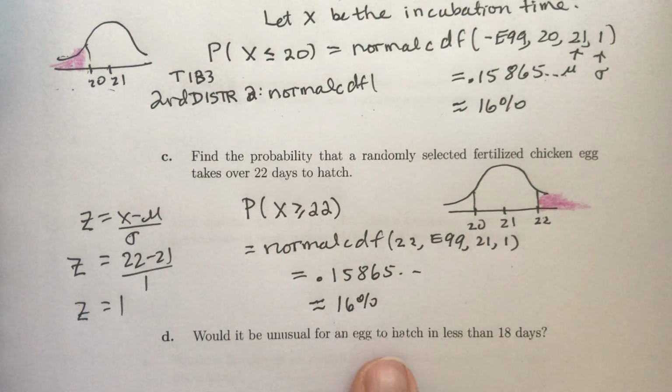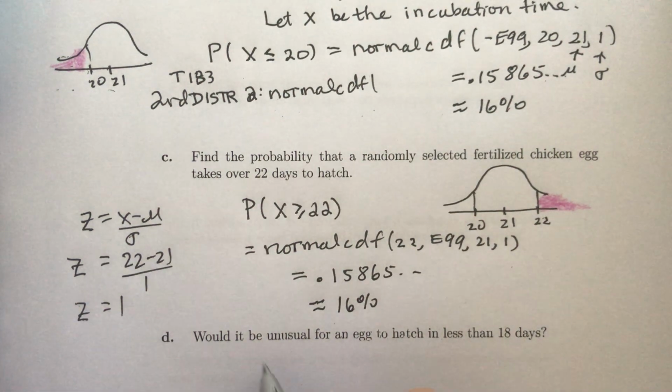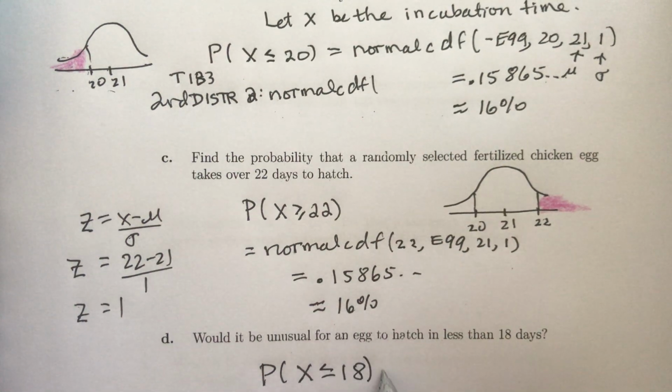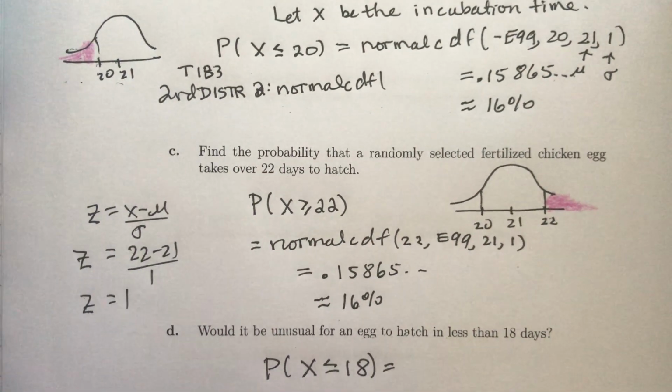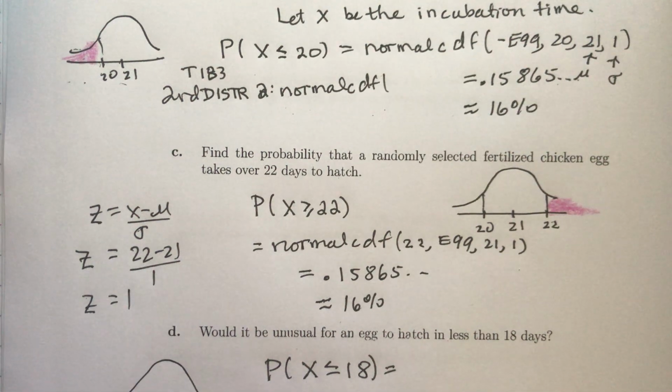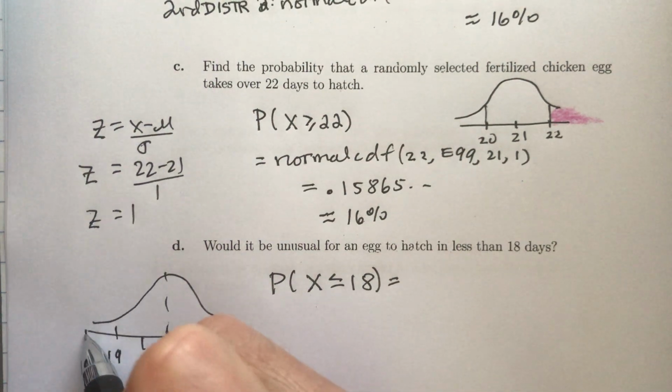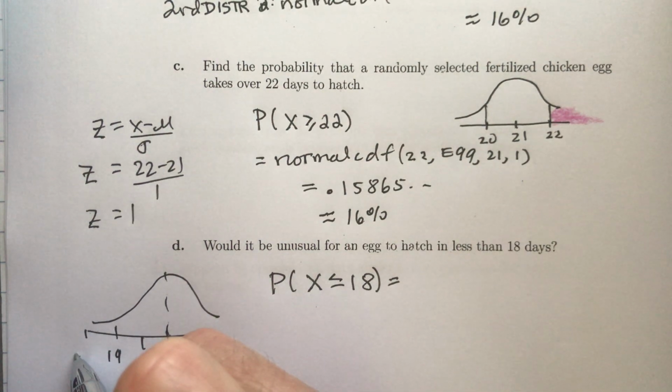Would it be unusual for an egg to hatch in less than 18 days? So what's the probability x less than or equal to 18? And is that something that's really surprising? I'm going to say yes, because here's 21. 20 is 1 standard deviation away, 19 is 2, and 18 is 3 standard deviations away.